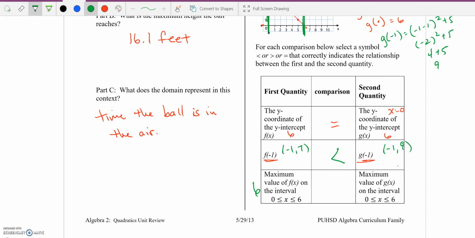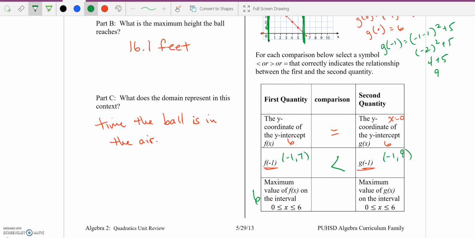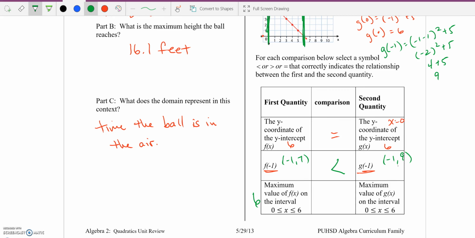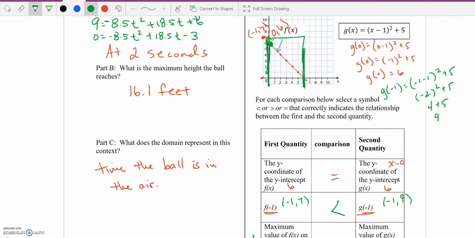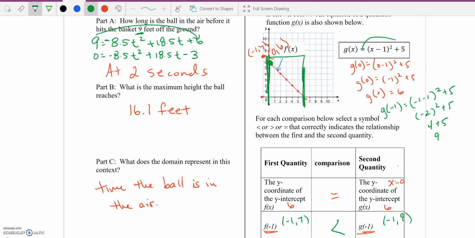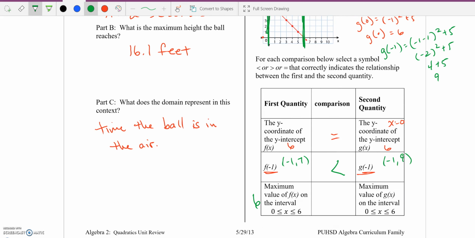For my g of x function, my maximum value is going to be at the vertex. Since I'm already in vertex form, remember x minus h squared plus k, I know that my vertex for this function is at positive 1, 5. So this maximum value is 5, this maximum value is 6, so that means my f function is greater.